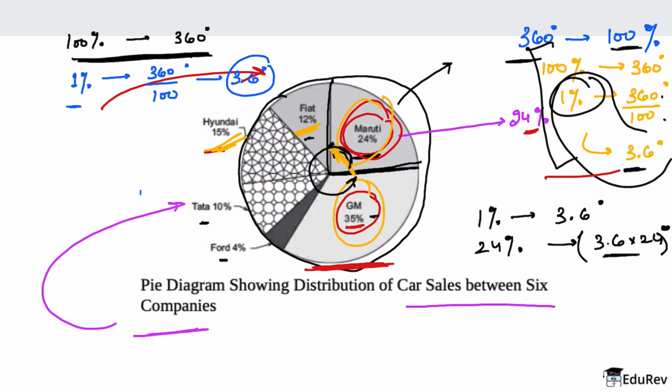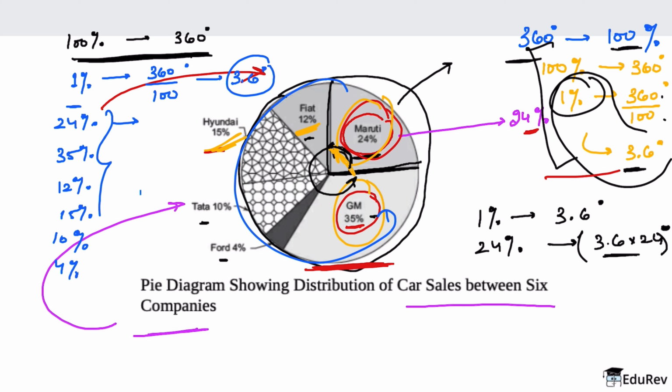So if I want to represent 24%, 35%, 12%, 15%, 10% for Tata and 4% for Ford, I just have to multiply these with 3.6, and I'll get the individual angles required.